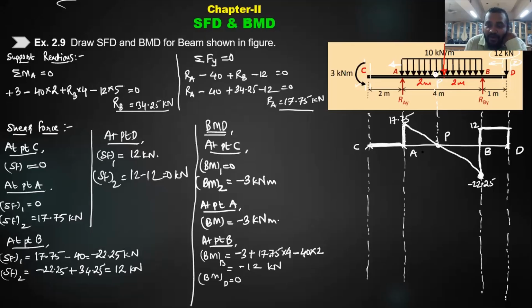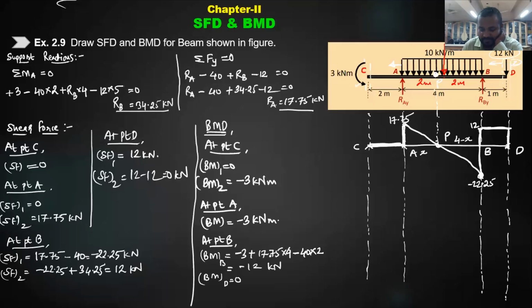Can you tell me how to calculate the location of point P? सर दो ट्रायंगल है तो I'll call this as x and this is 4 minus x.